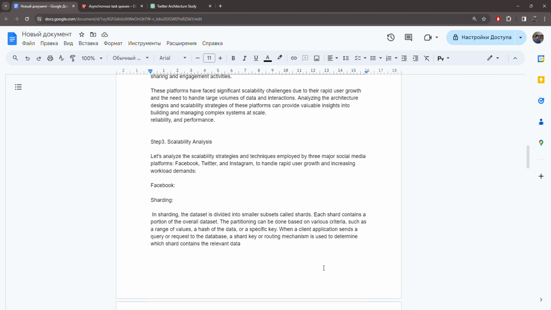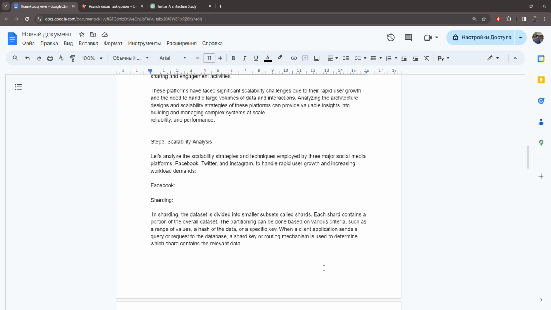So, scalability analysis. Let's analyze the scalability strategies and techniques employed by three major social media platforms, Facebook, Twitter, and Instagram, to handle rapid user growth and increasing workload demands. Of course, all of them have a lot of techniques and strategies, so I just take one of them. So for Facebook, it's sharding.